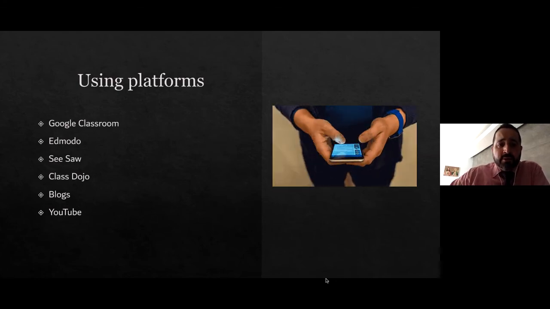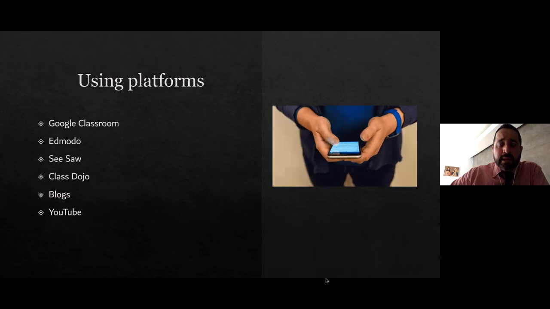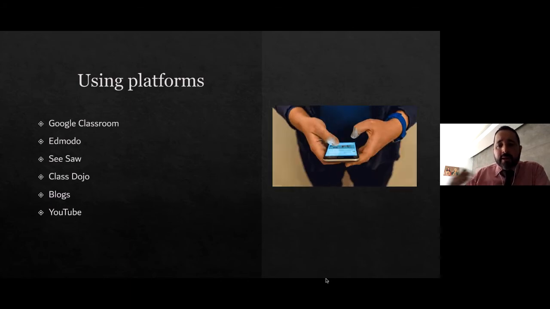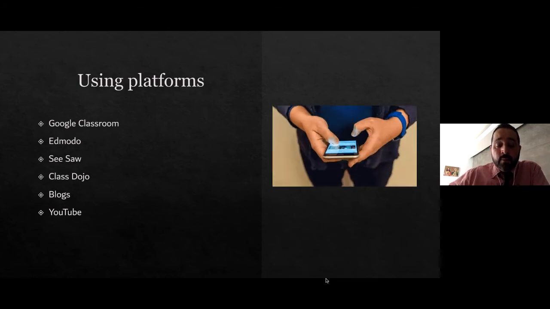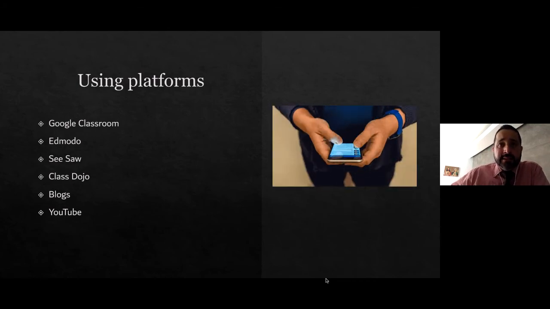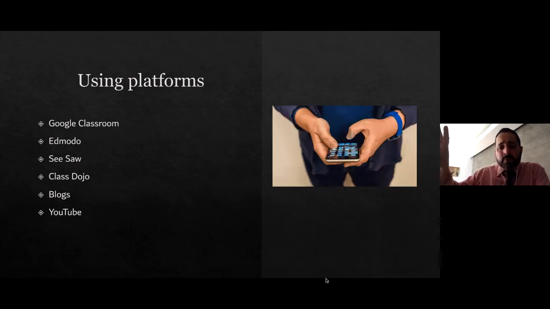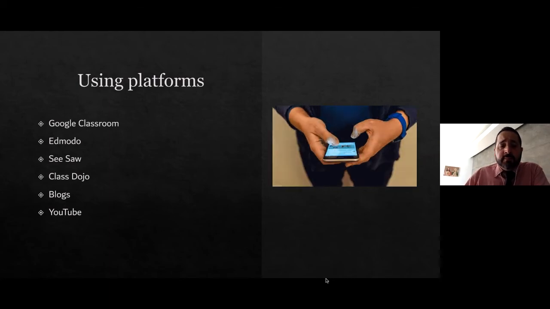I also recommend you use Seesaw if you're working with elementary and kindergarten, so you can have a real connection with parents. You can set tasks and activities, put them in your classes, and you will have fantastic results, right?